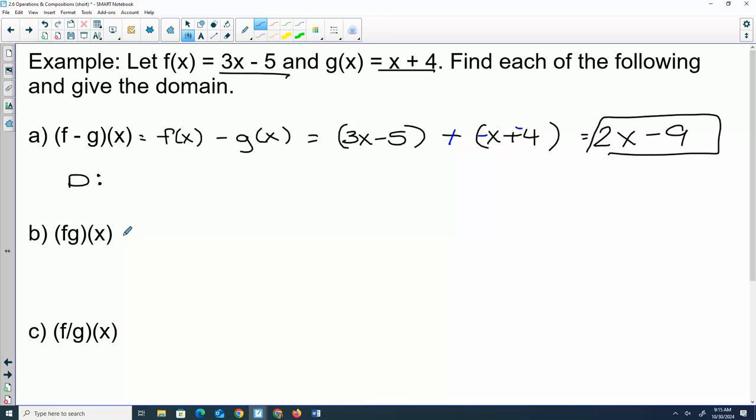So if x is on the bottom, we have to look at what made it 0. And if we have a square root, what do we have to worry about? If we had negatives under the radical, remember it gave us imaginary numbers, so it had to be greater than or equal to 0. We don't have a fraction. We don't have a square root. So what's my domain?